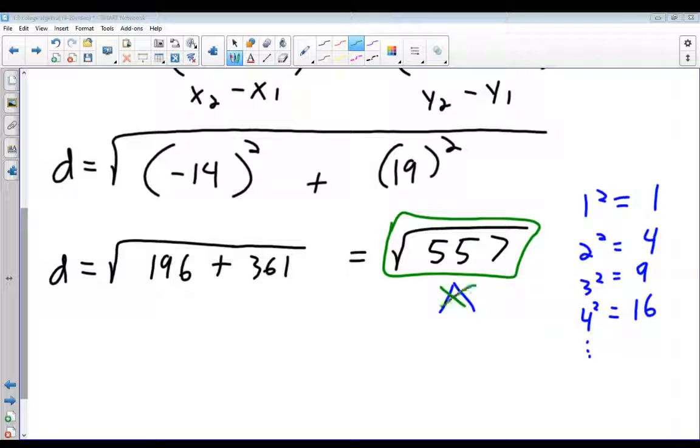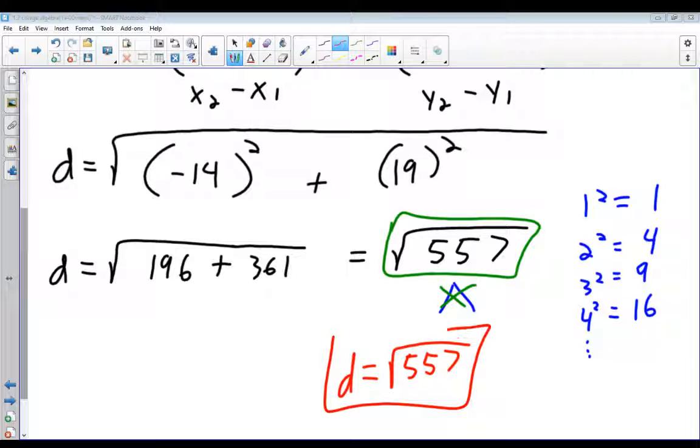So in other words, we can't break it down. So then with that said, this is as best as it gets. And this is what you're going to put into the Hawks program. So sometimes you can split it up like this. Sometimes you cannot. It's up to you to determine when you can and when you can't. And that's how you use the distance formula to find the distance between 2 points.